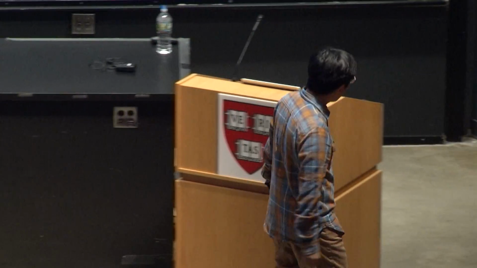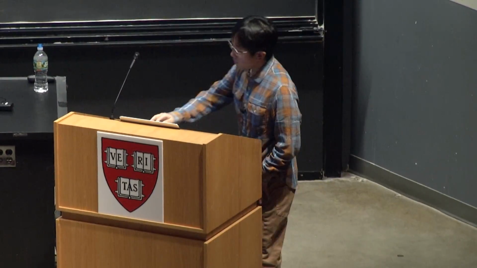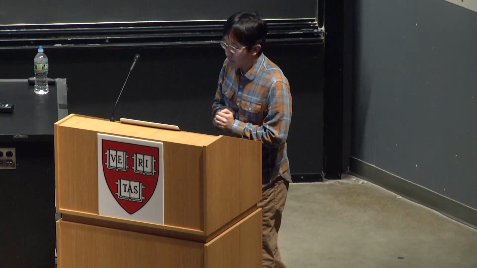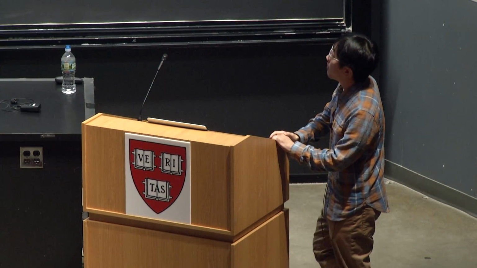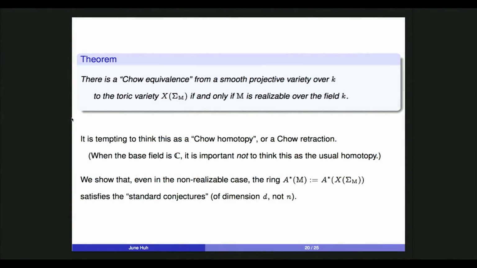The inclusion of a general plane is a Chow equivalence. So using one direction of this observation, you immediately see that the Chow ring of this non-compact manifold satisfies Hodge-Lefschetz and Hodge-Riemann of a different dimension than expected.